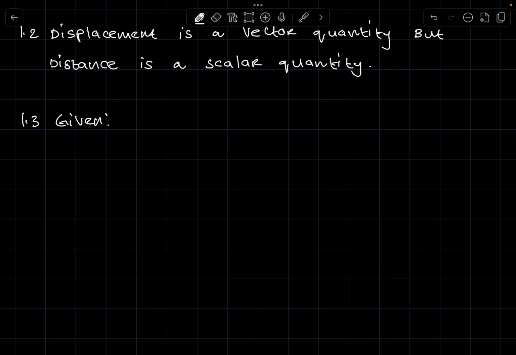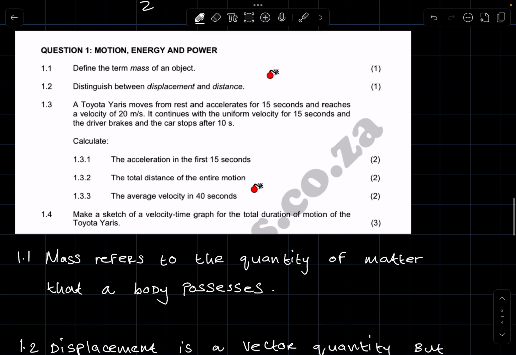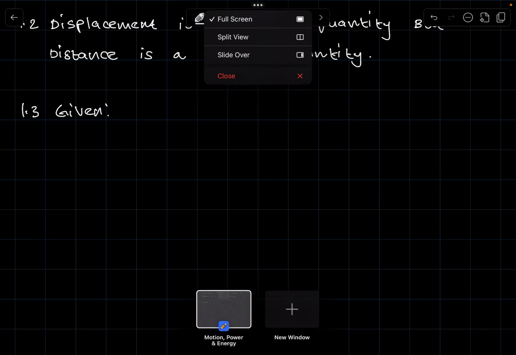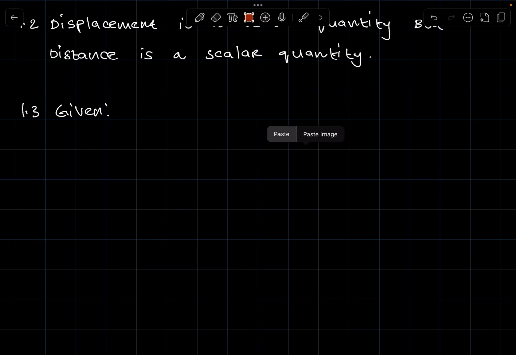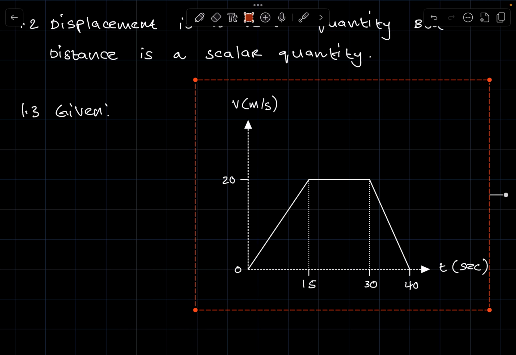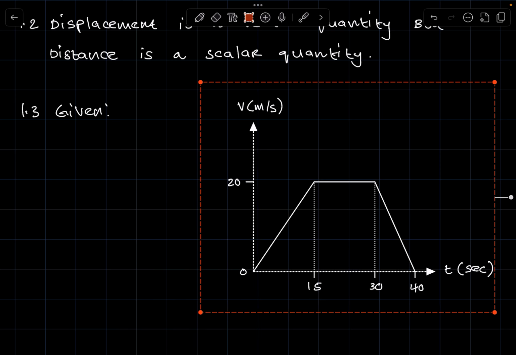Instead of writing down what you've been given, because the motion is extensive, meaning that you get different stages or sections of the object's motion, it is better that you quickly draw a rough sketch of the graph. So your graph would look like this one here.